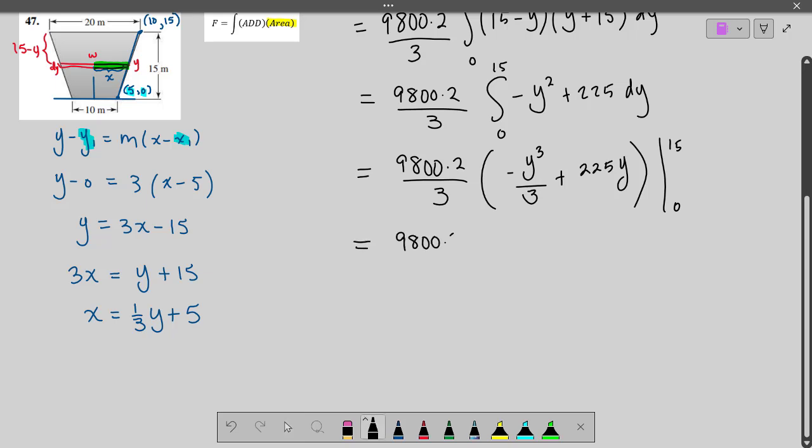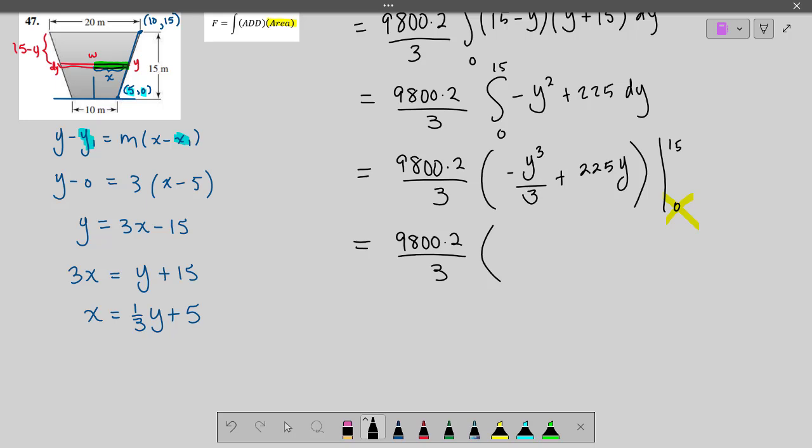Let's see if any of these constants out here cancel with what we have in there. Plugging in the 0 gives us no force. We're finding force. There's no force there. Plugging in the 15. All right, so 15 times 15 is 225. And then we have to multiply by 15 again.